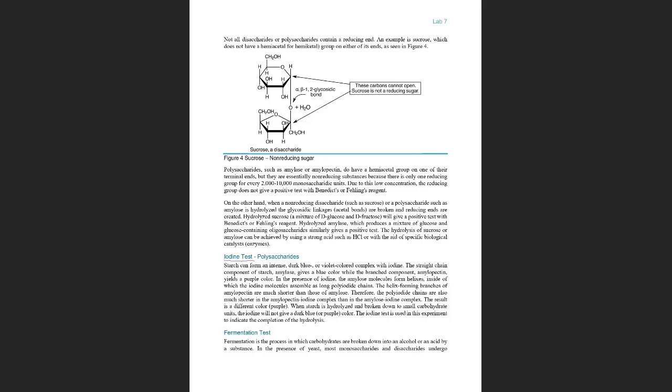And the test requires the complex carbohydrates to succeed. What are complex carbohydrates? They are polysaccharides that are also called complex carbohydrates. And starch is one of the most common polysaccharides.